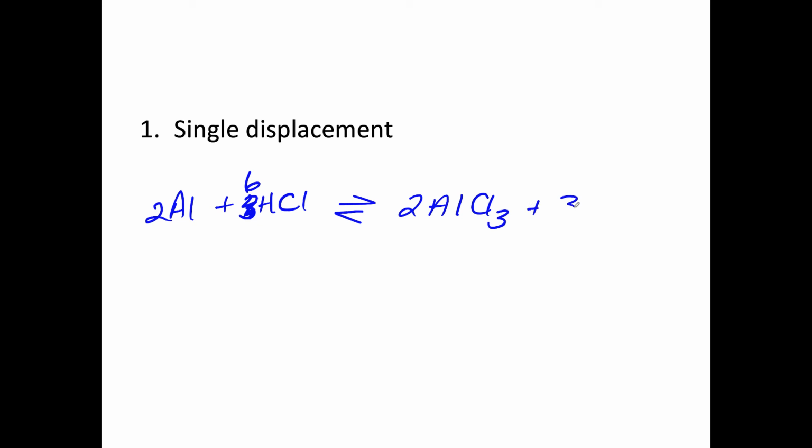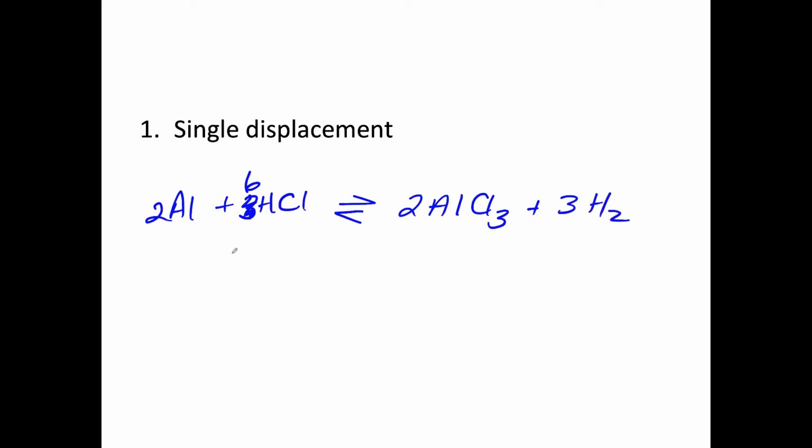Single displacement. This is usually when we add an acid or base. So we have aluminum plus HCl, and I'm going to put 3 of these. Oh, no, 2 and 6. Sorry, I've got to make sure I do this right. And we get 2 AlCl3 plus 3 H2, and yes, that's my cat.